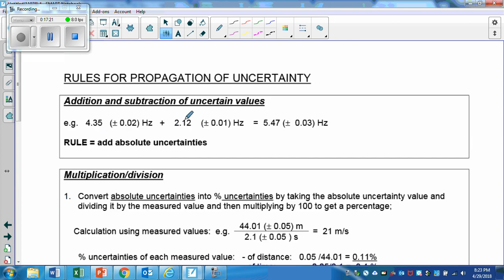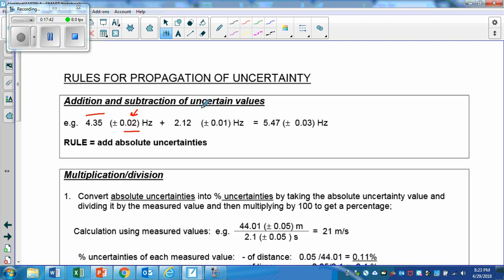So let's first of all talk about uncertainties here. For addition or subtraction, we use absolute uncertainties. So for addition, let's say I have 4.35 hertz, the frequency, and I have 2.12. Here the absolute uncertainty is plus or minus 0.02, and 0.01 is the uncertainty for this.